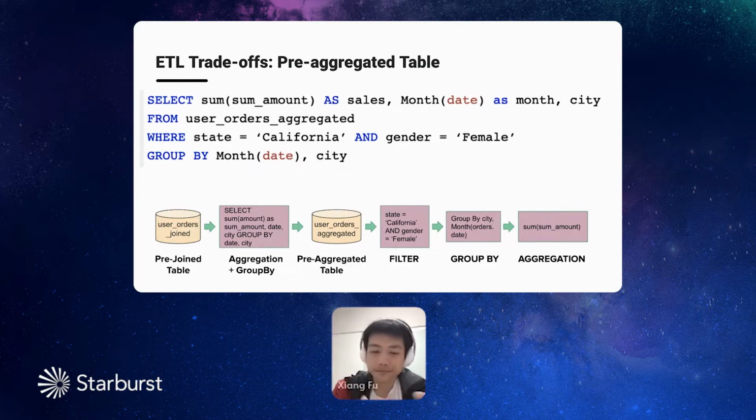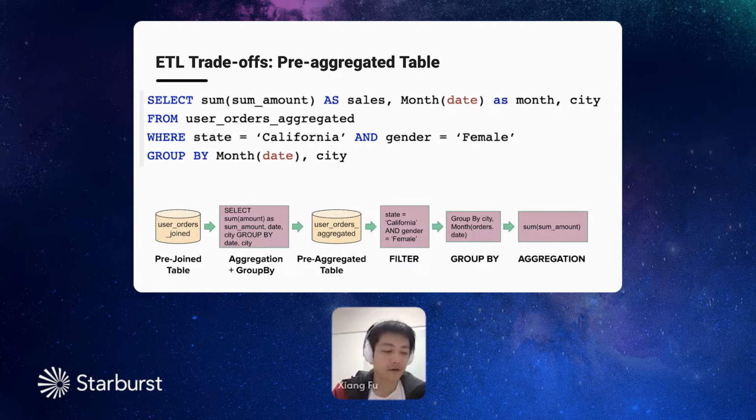And assuming we have 1 million unique combinations of date, gender, and location per month, then the total number of records after the pre-aggregation can be reduced to, let's say, 12 million for 1 year's worth of data. Think of it like you have 1 million customers and you have 12 months, right?